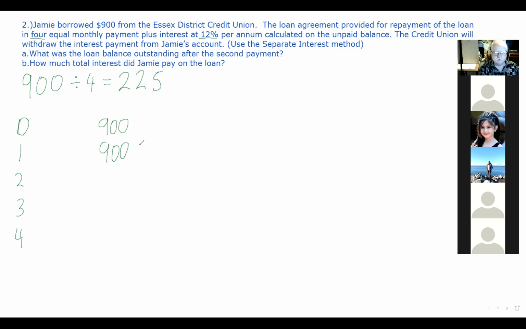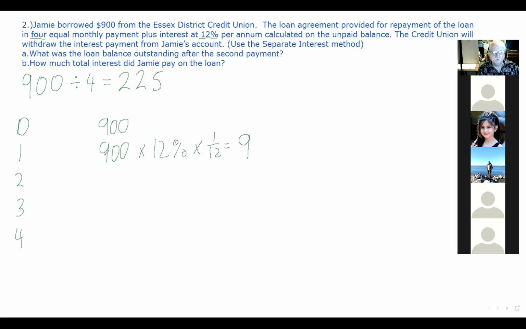So 900 times 12% times, and we can only go for 1/12 of a year. So how much interest has $9? So the bank takes $9 out of Jamie's bank account.